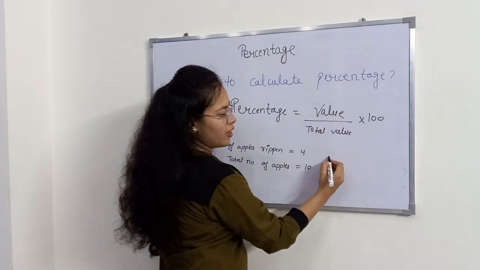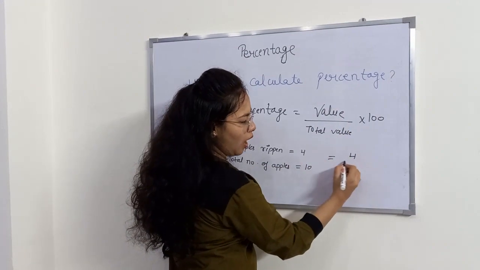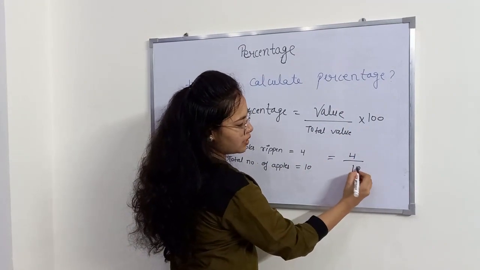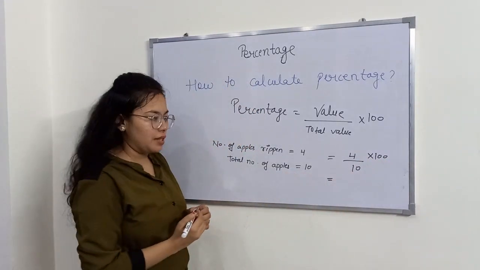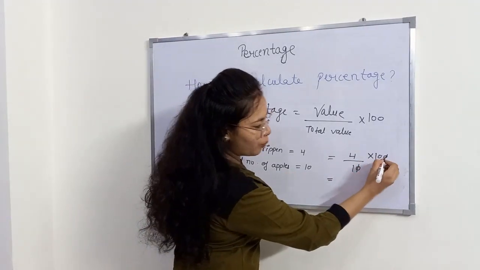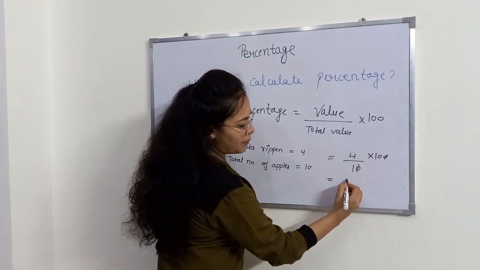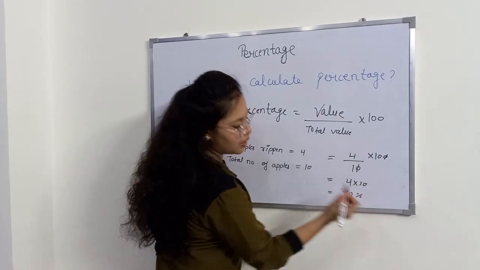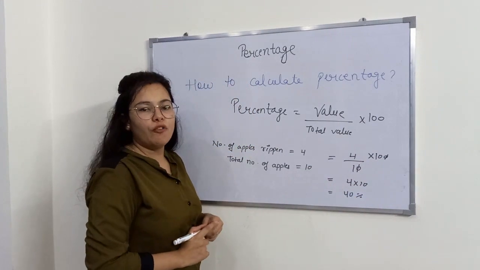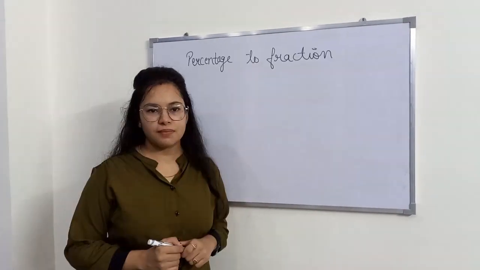As the formula signifies, value is 4 out of total value 10, and we have to calculate the percentage of ripened apples. Eliminate the 0 from the end and now simply multiply. 4 multiplied by 10, that is 40%. That means 40% of apples are ripened.